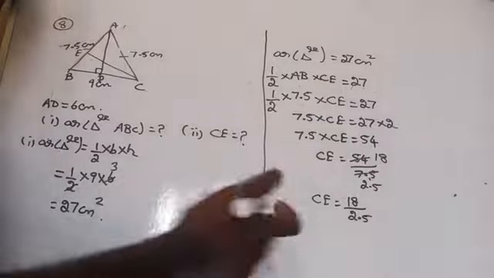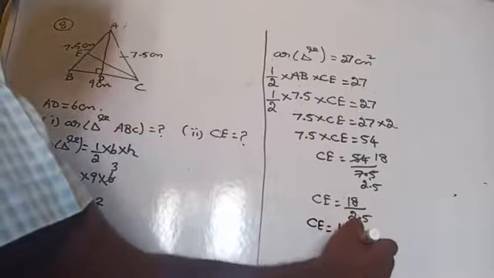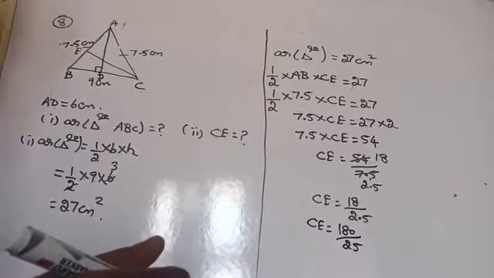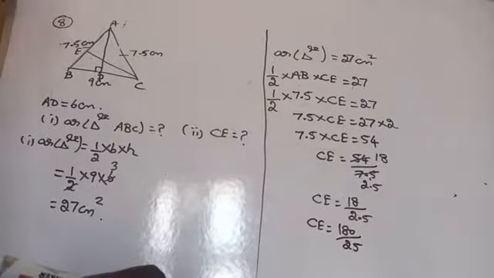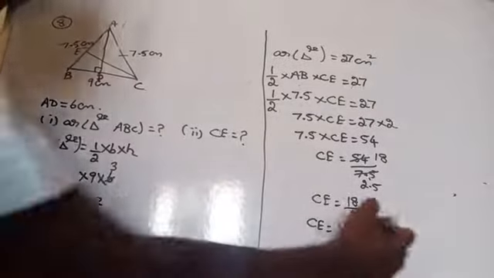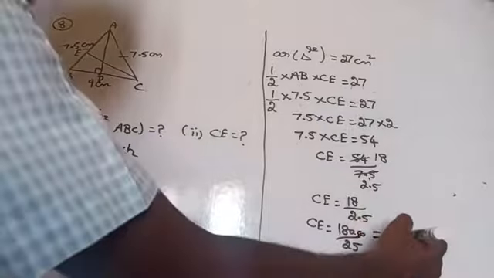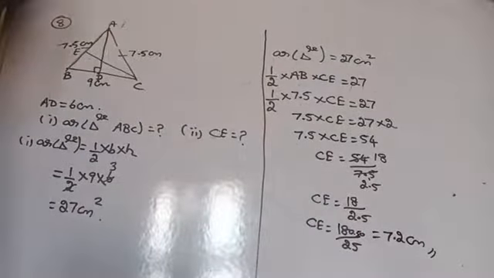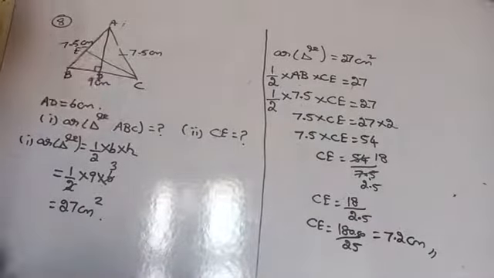Yes, CE is equal to 180 by 25 you will get. 4 25s are 100, 5 25s are 125, 6 25s are 150, 7 25s are 175. So carry over 5 here. So 2 25s are 50, which is equal to 7.2 centimeter. They asked us to find the length of CE. CE also we found. Am I right or wrong?